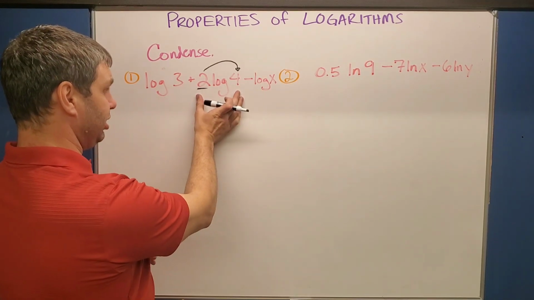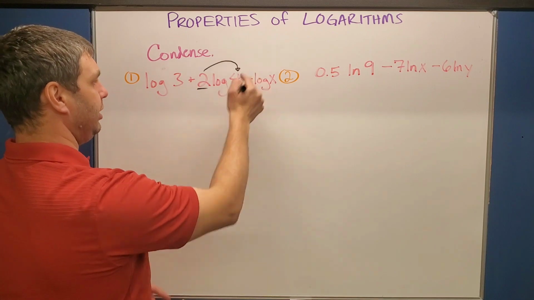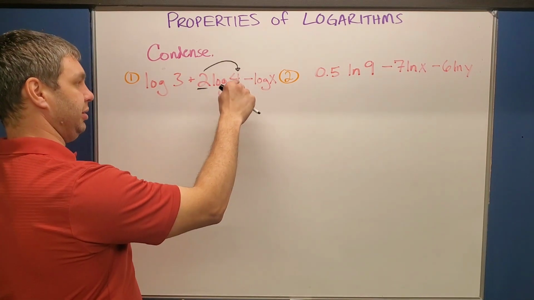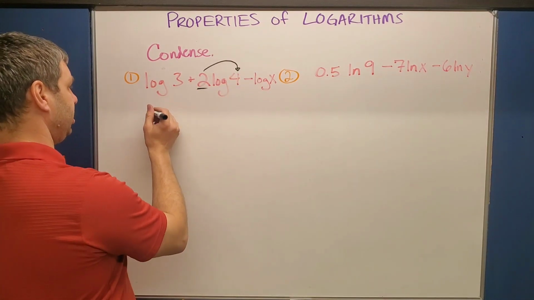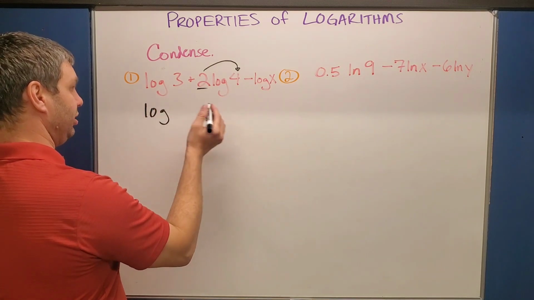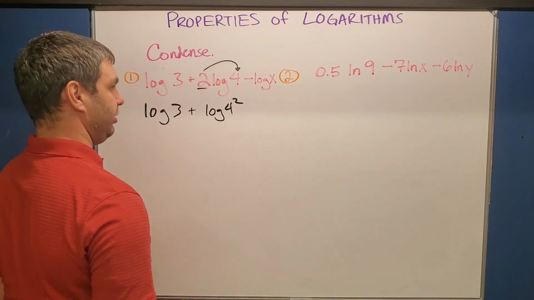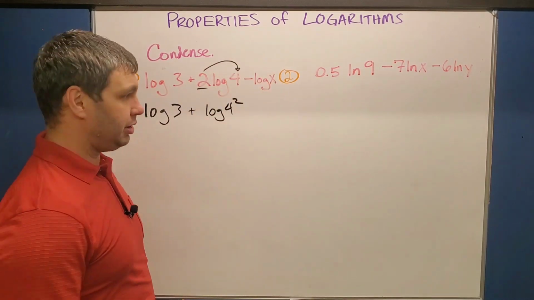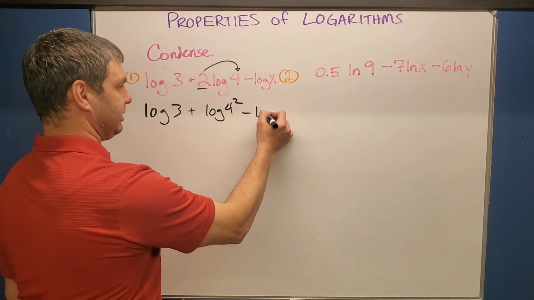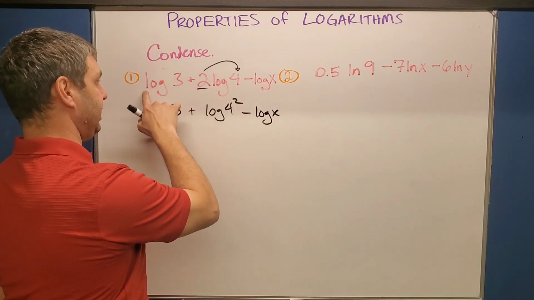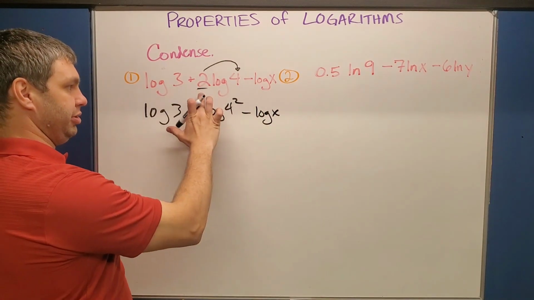In this case, it's a common log, so you can think log base 10, raised to the power, in this case 4 squared. I'm going to bring down the rest and just make that one change. Log of 4 squared, because it becomes the power. The rest stays the exact same, minus log of x. None of the other ones have a number in front.